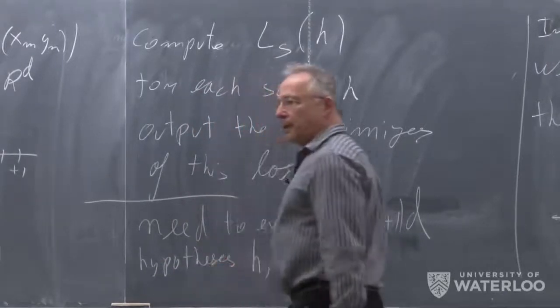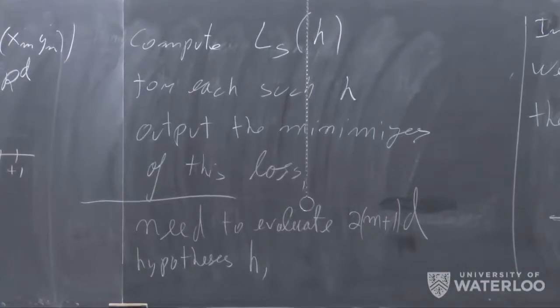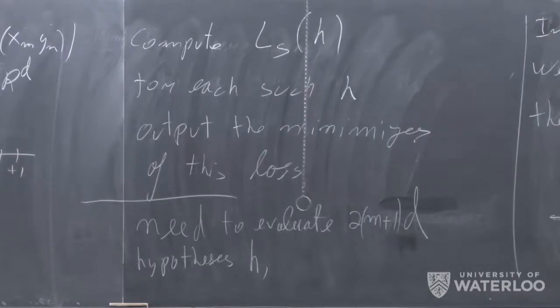And how much time does it take me to evaluate one hypothesis? I need to calculate its empirical error. So how many checks do I have to do to calculate its empirical error? Yes? The first one is M, and all the ones after are 1. Nice, very nice.